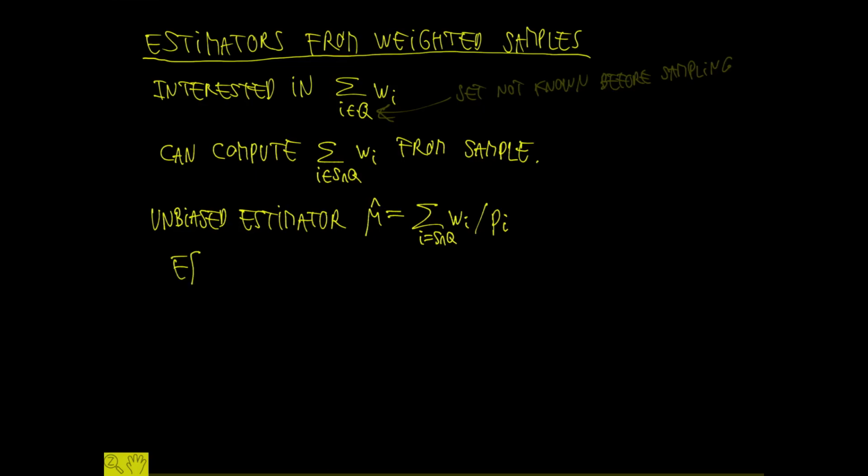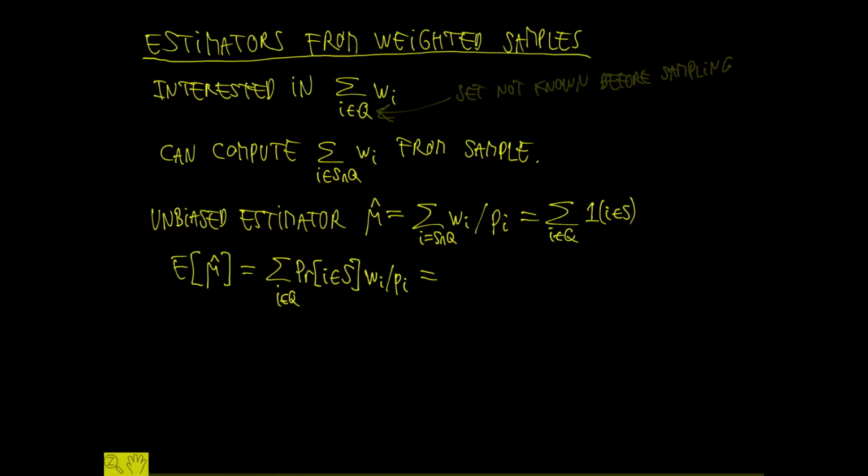Now I claim that the expected value of mu hat can be written as a sum over all i of the probability that i is in the sample multiplied by w_i over p_i. So this is the sum over all items in Q. Why is that? Well, to see this, write the definition of mu hat in a different way.